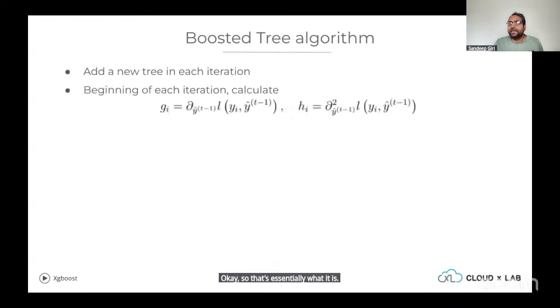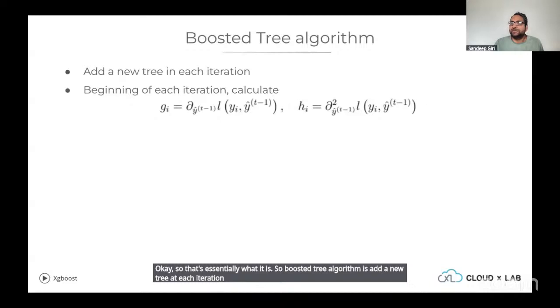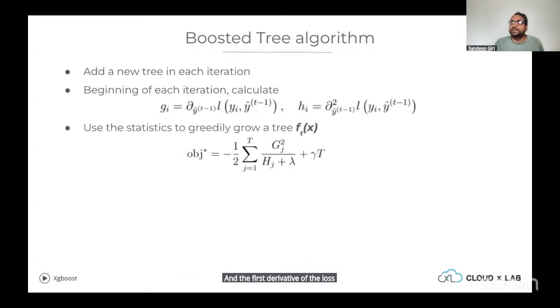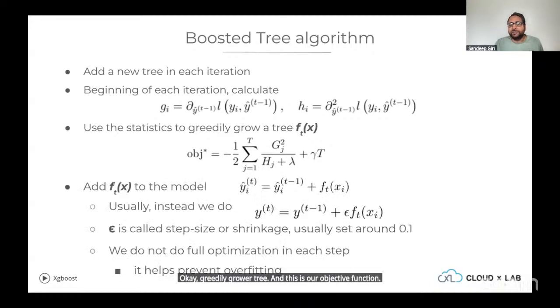So the boosted tree algorithm is to add a new tree at each iteration. At the beginning of each iteration, we calculate the loss and the first derivative of the loss. We use these statistics to greedily grow a tree, and this is our objective function. Then we add a new function to the model.